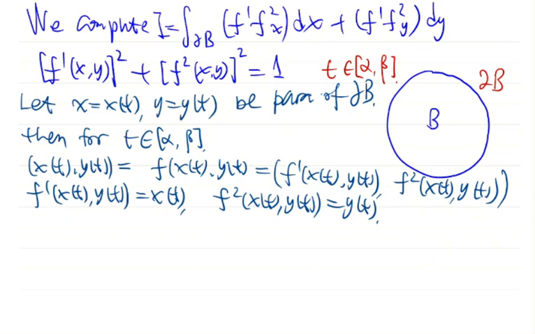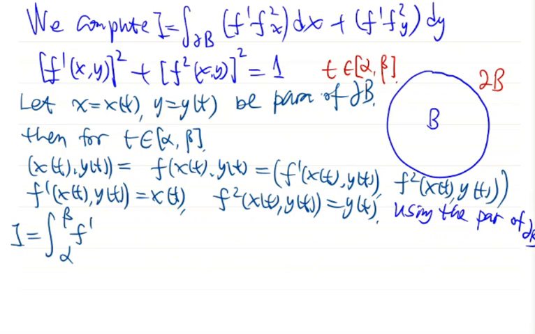Now we apply the computation formula for the line integral. Using the parametrization of the boundary, I is the integral from alpha to beta.